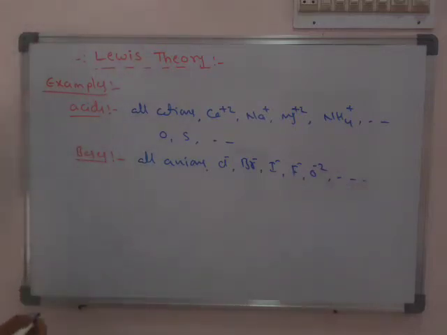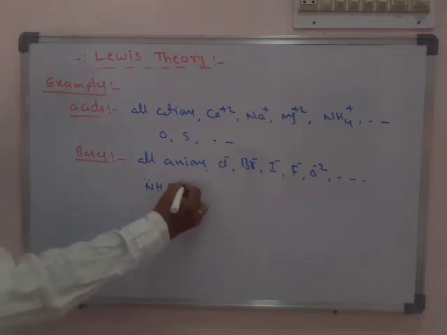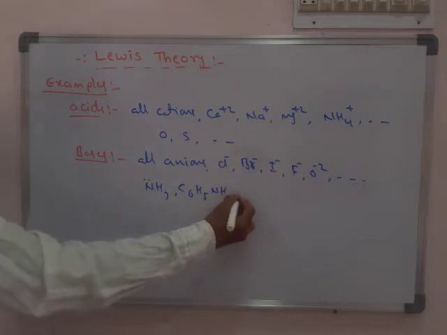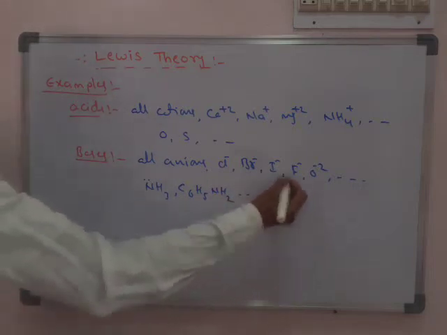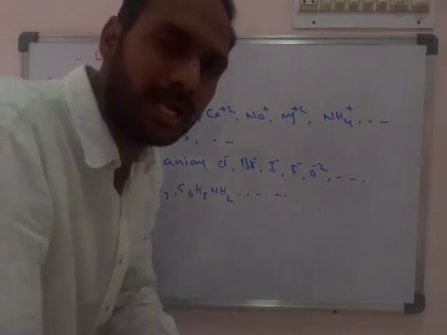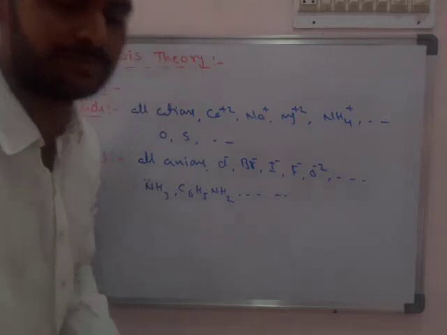Even those having a lone pair of electrons, like NH3, where nitrogen has a lone pair, or some amines and other compounds. These are some examples. Actually, in the next class we will discuss the examples in total.